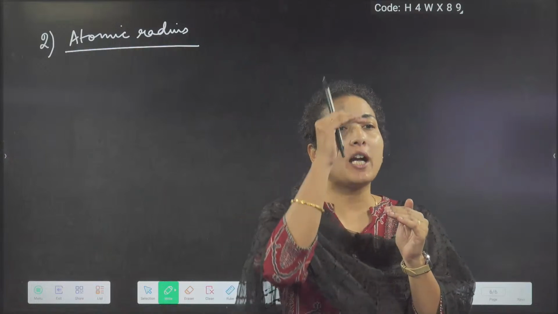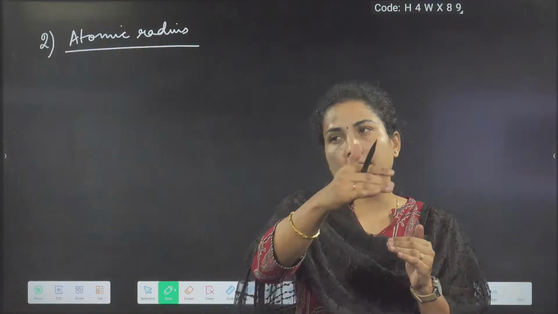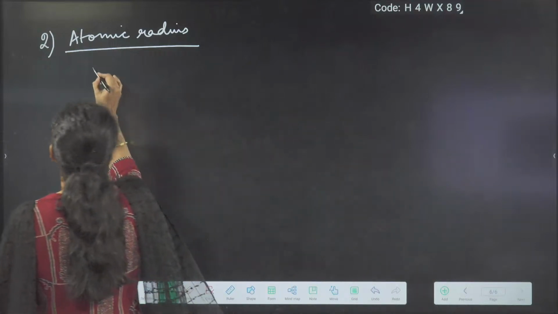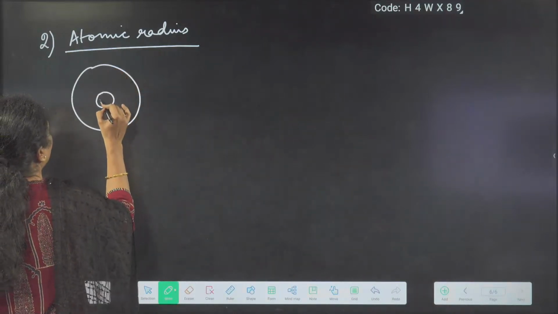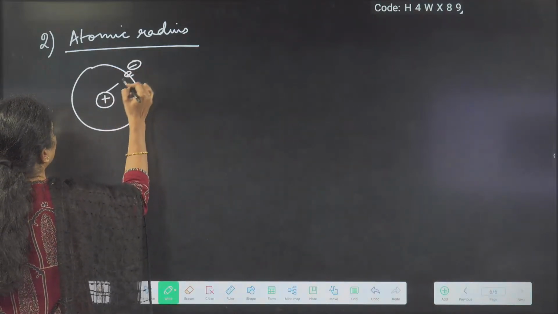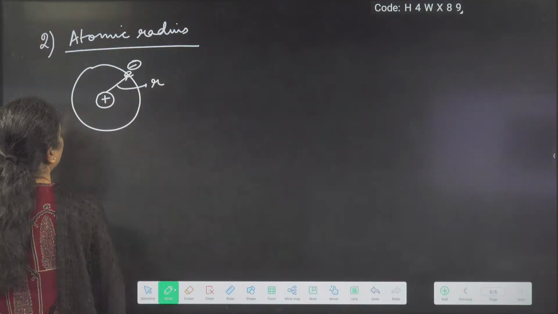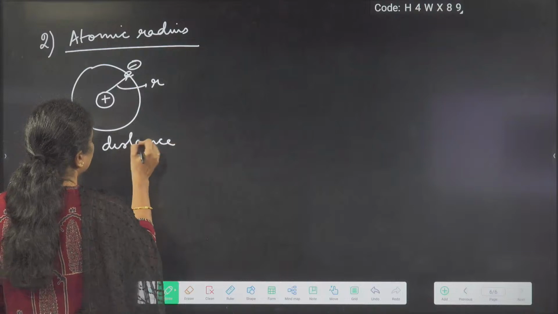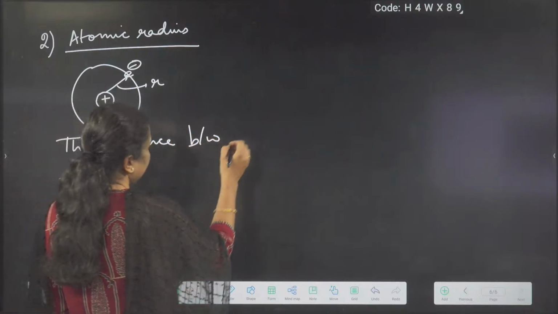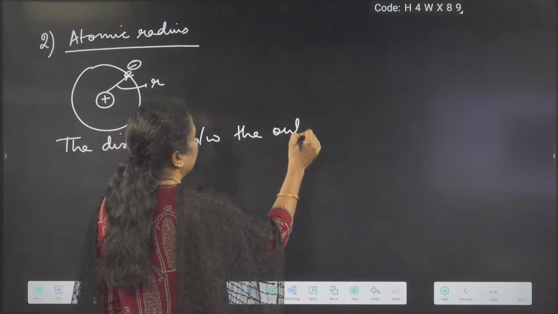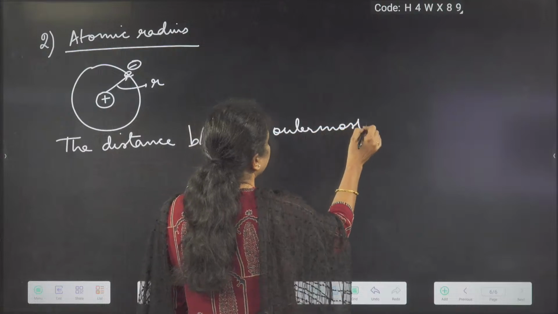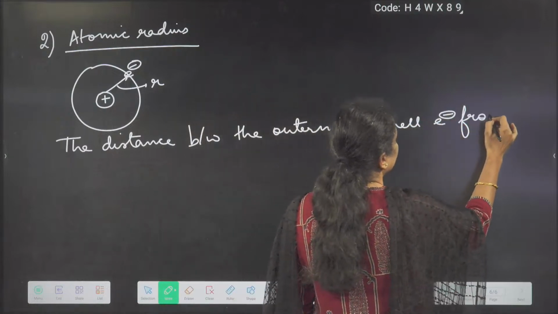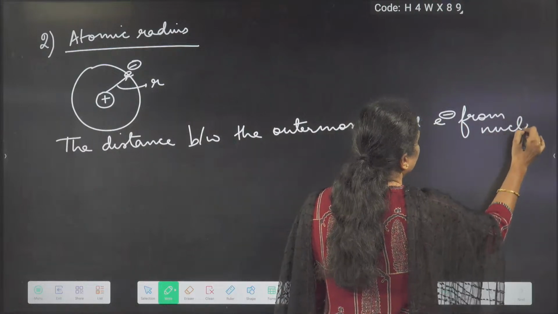The distance of the outermost shell electron from the nucleus. That's the simplest definition, right? So this distance I call atomic radius. So I can write down the distance between the outermost shell electron from the nucleus, right?